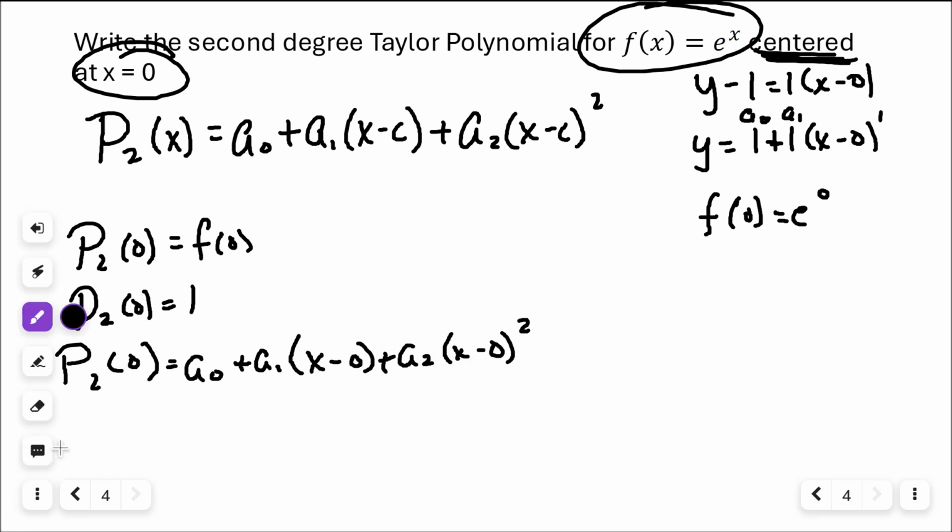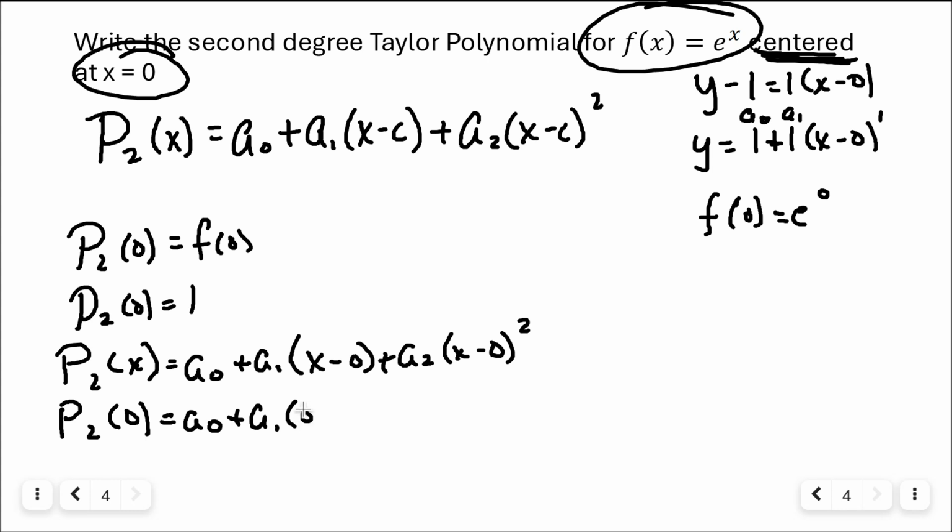Then p sub 2 of 0 would be a0 plus a1 times 0 minus 0, plus a2 times 0 minus 0 squared. So p sub 2 of 0 is 1, so 1 is equal to a0. So a0 is 1.